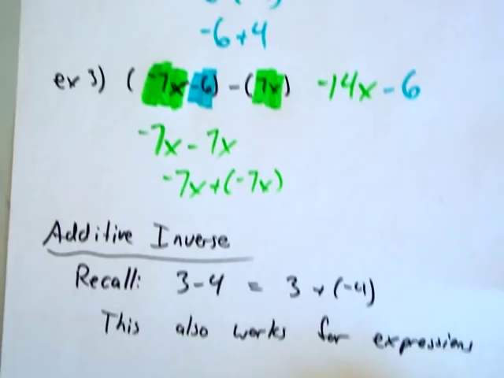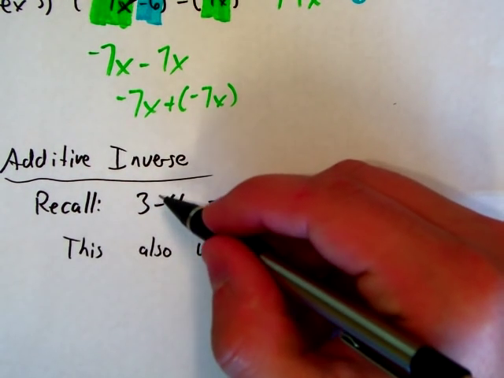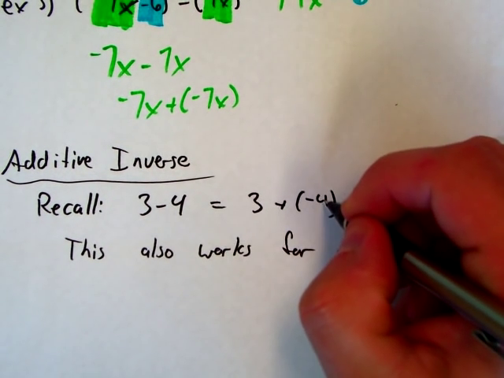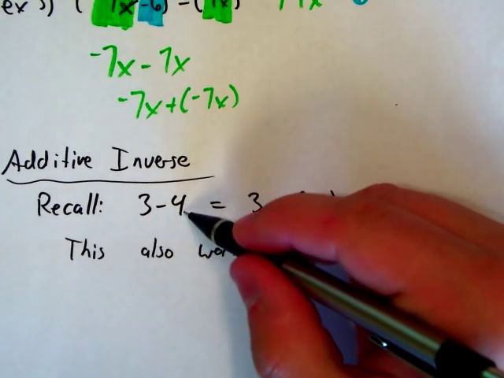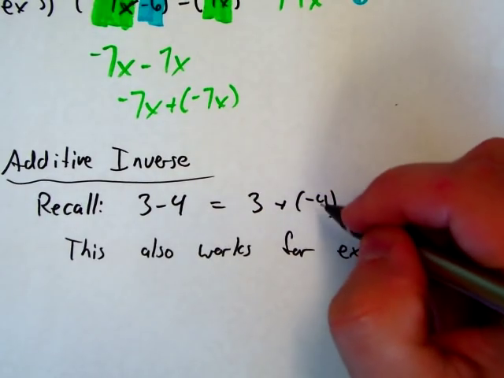Now, if you recall from our integers chapter, we talked about the additive inverse. And what that means is if I have 3 minus 4, subtracting anything means to add its opposite. So if I subtract 4, I'm going to add the opposite of 4, which happens to be negative 4.